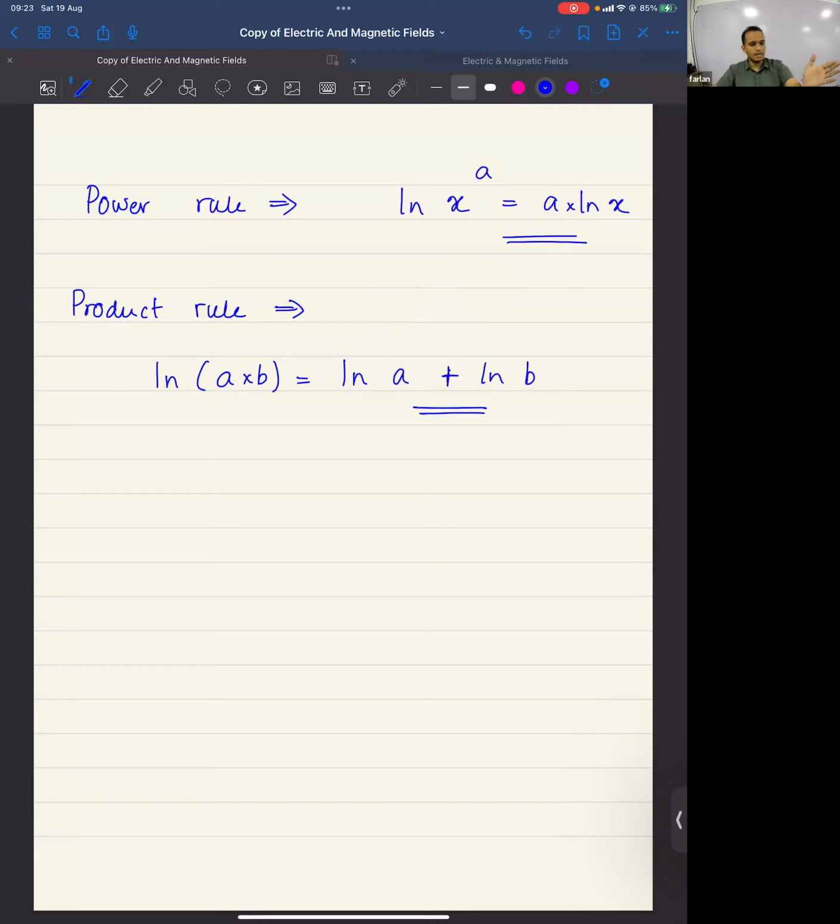If it is ln a into b or log a into b, that will become log a plus log b. Then one more, the division rule or the quotient rule of logarithms, which is log a divided by b will be equal to log a minus log b. Okay, take it down.